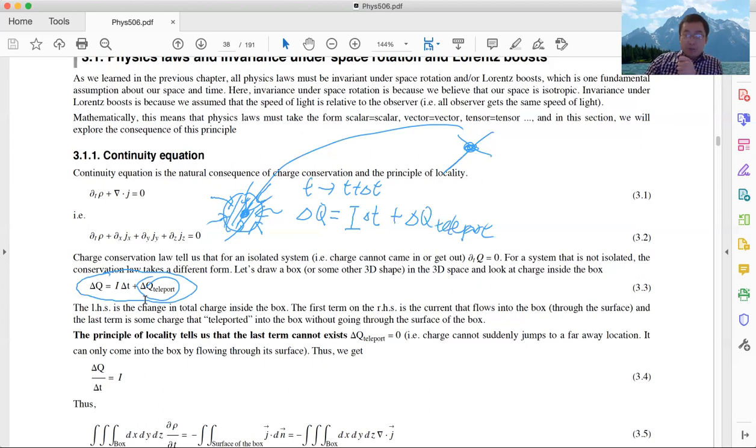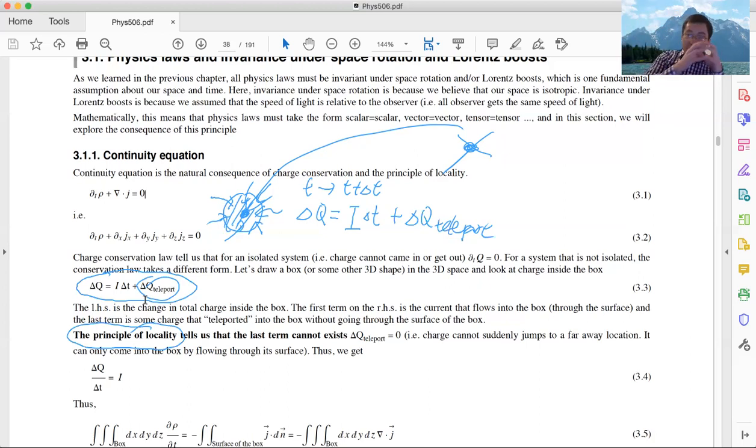Continuity equation is a little bit different from charge conservation law. Continuity equation also assumes the principle of locality, which we emphasized multiple times in the earlier part of the lecture. The principle of locality tells us an object can only influence its immediate neighbor. It's impossible for an event to have an impact on something that happened really, really far away.